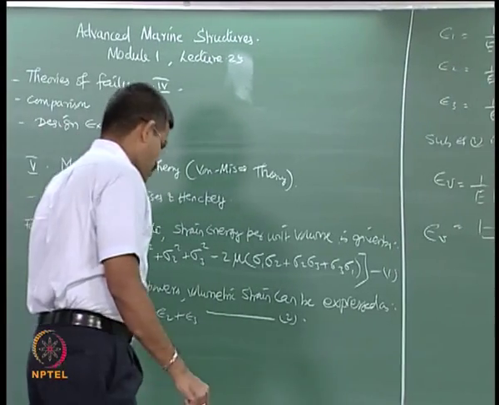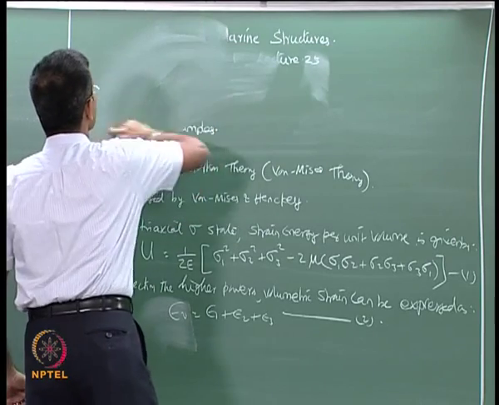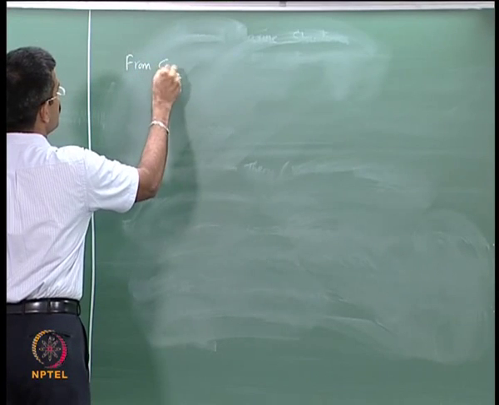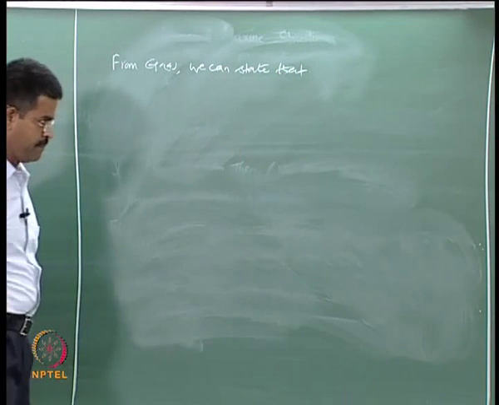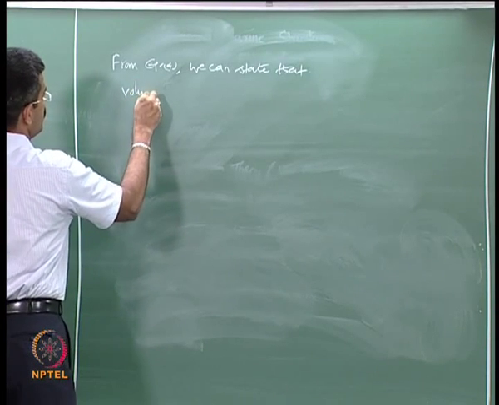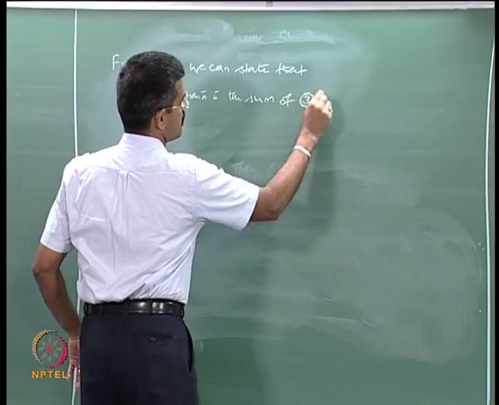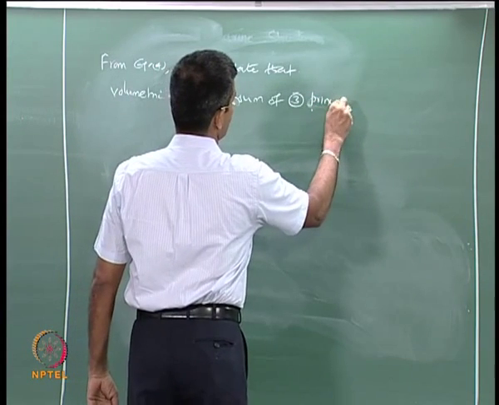If you look at equation 4, we can make a very important statement. From equation 4, we can see that the volumetric strain depends on the sum of the 3 principal stresses.